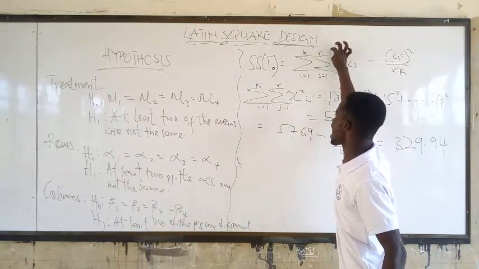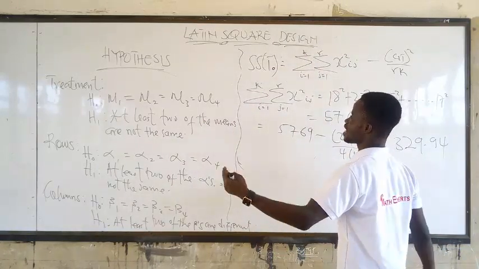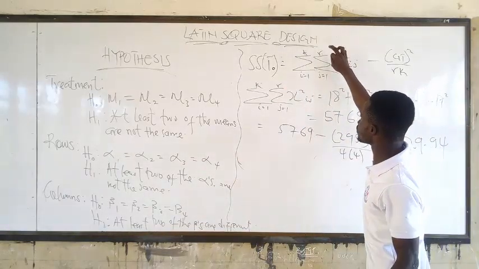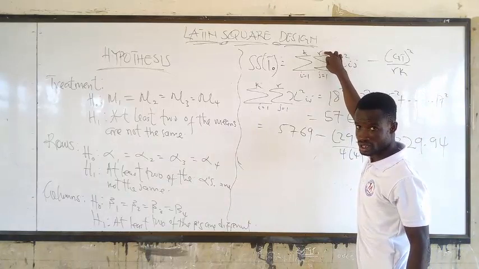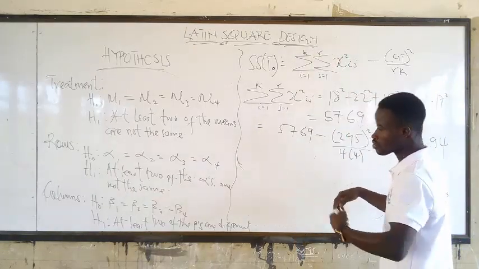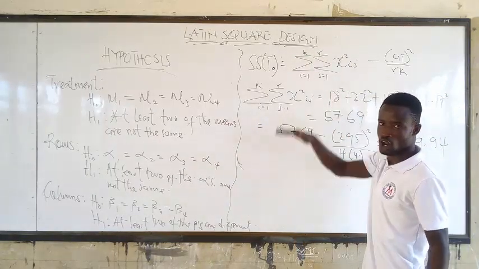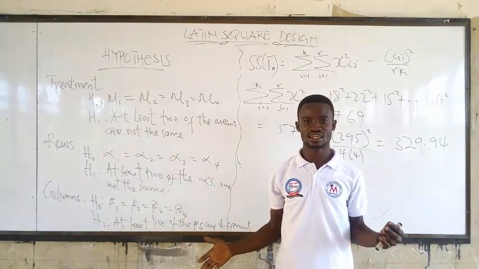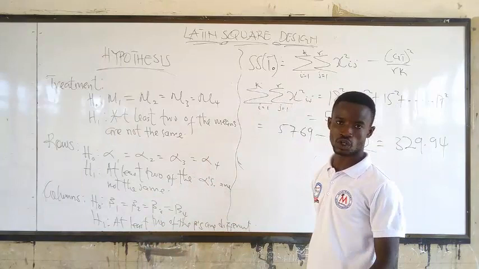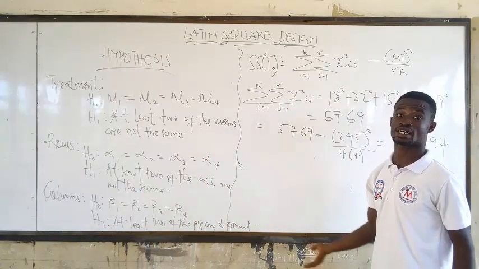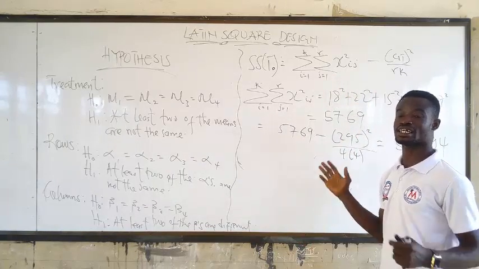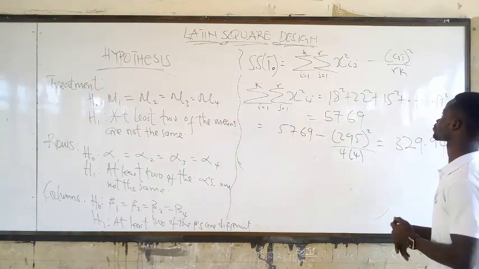The K and the R here: the K is for the treatment, the K is for the rows and the R is for the column. And we know that the thing is n by n, and they are using 4 by 4. So they are the same thing, whether you use K, R or whatever, they are all having the same thing.